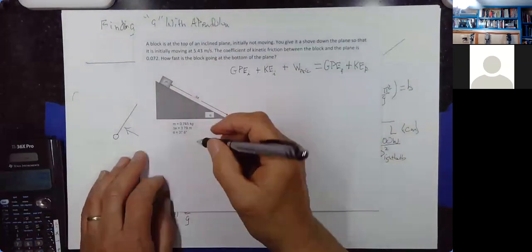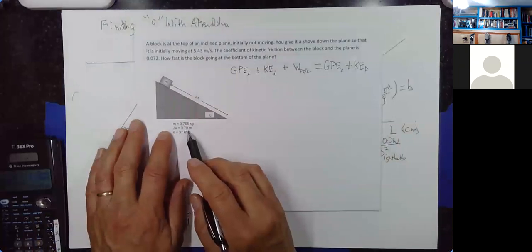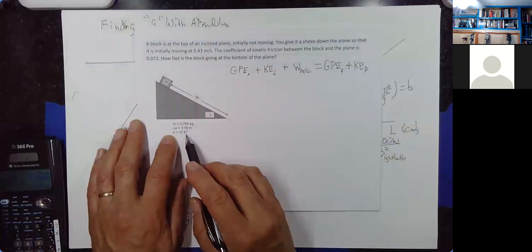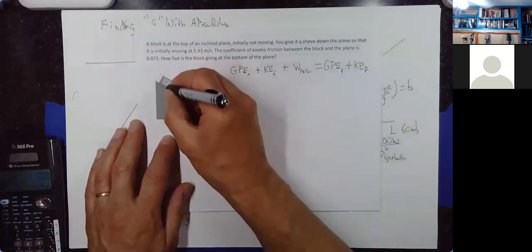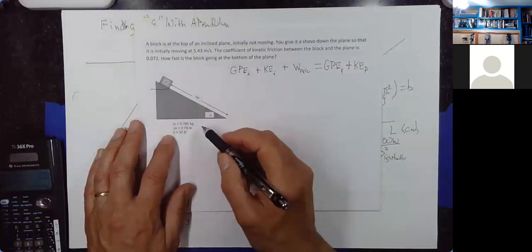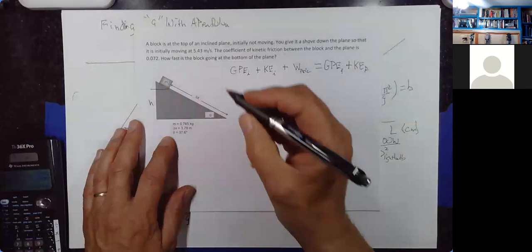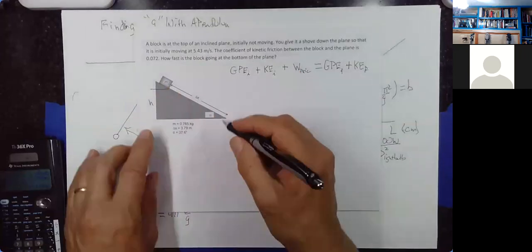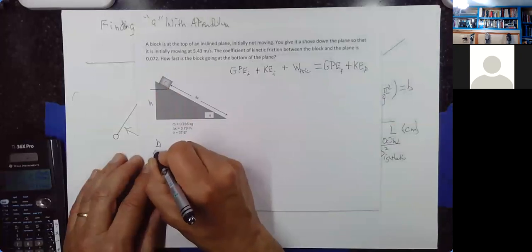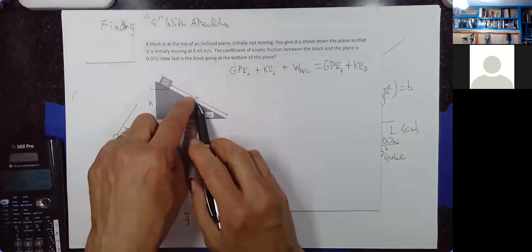And if I say delta x, they give me that that's equal to 3.79 meters. The angle theta is 37.6 degrees. And so something I can do is figure out the height, this height h here. h over delta x is the side opposite the angle divided by the hypotenuse.